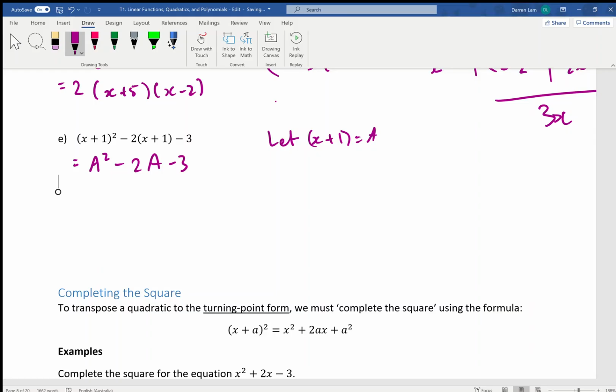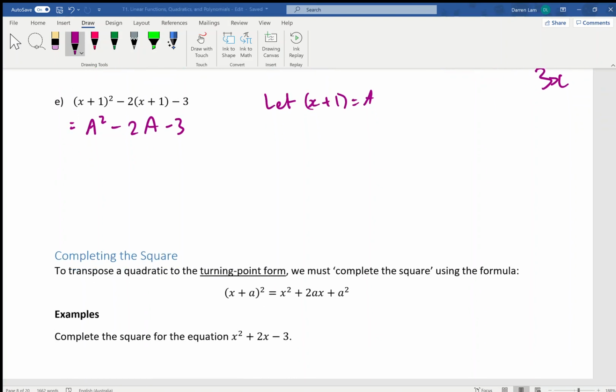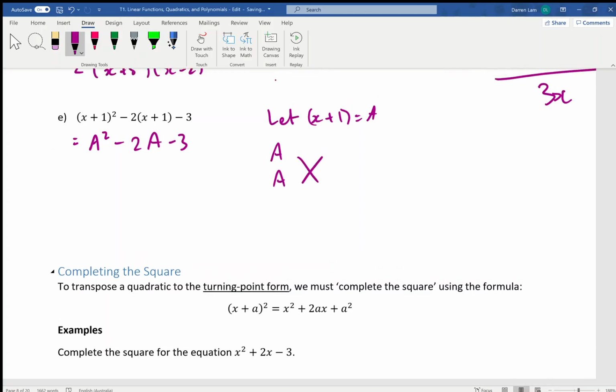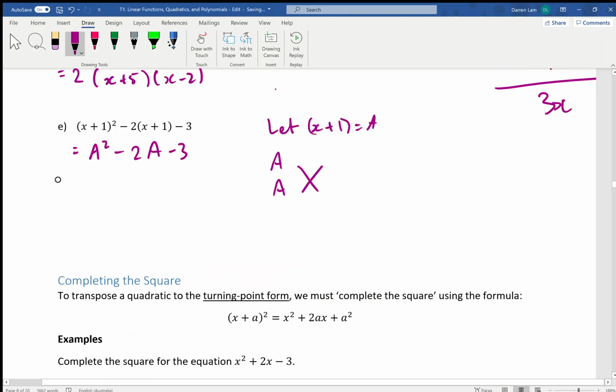So, let's use cross method. What values multiplied to the a give me a total of negative 2? So I'm thinking, what are the factors of negative 3? It's got to be 3 and 1 somewhere, right? Then I have to figure out which one's positive and which one's negative.